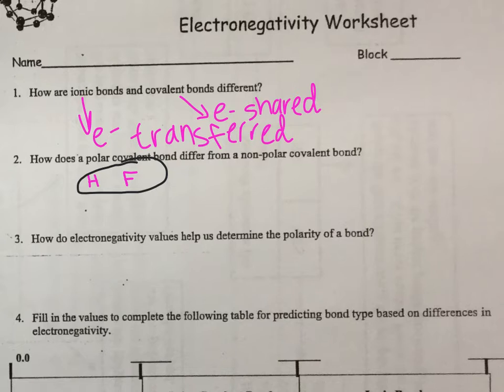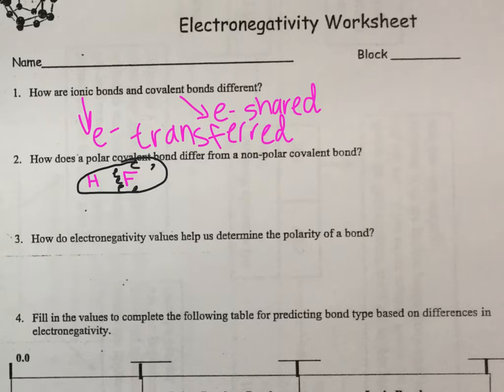What this picture is showing you is obviously some sort of an imbalance. But what you could tell me is, who's pulling on the electrons more? Fluorine, because its electronegativity value is the highest, right? So you can imagine all of the electrons that these atoms are sharing are leaning towards fluorine.